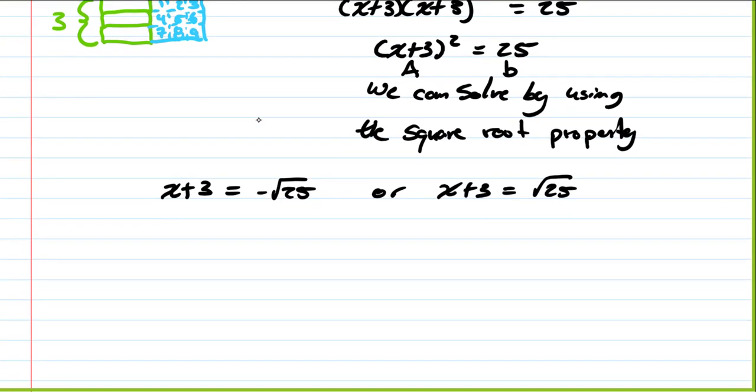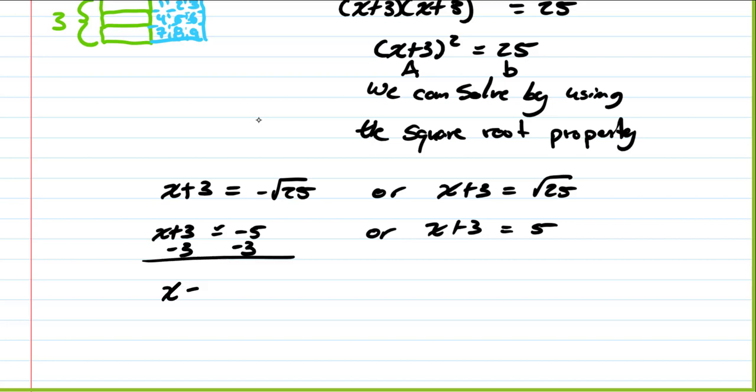And the square root of 25 is 5, so x plus 3 equals negative 5, or x plus 3 equals positive 5. I have a typo there, x plus 3. We minus 3, we minus 3, and we get x equals negative 8, or minus 3 and minus 3, we get x is equal to 2. So geometrically, that is the idea of how completing the square worked.